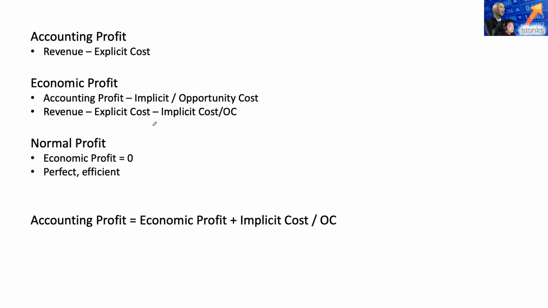Okay. So if you expand the accounting profit, it's revenue minus explicit cost minus implicit costs. Implicit costs are opportunity costs. It's just a different name. And then for normal profit, we have economic profit at 0. And it's efficient.